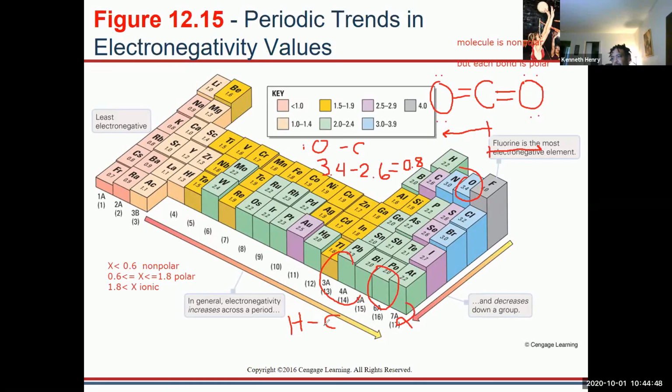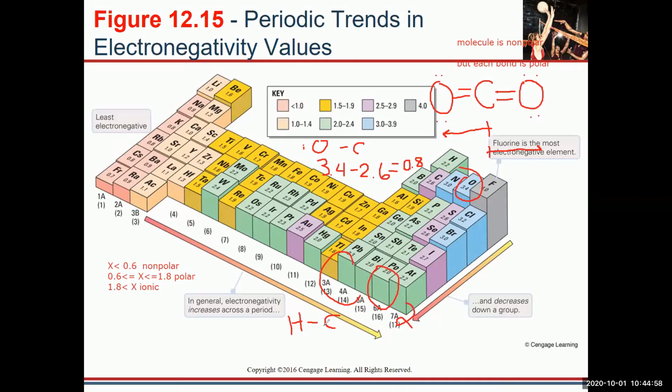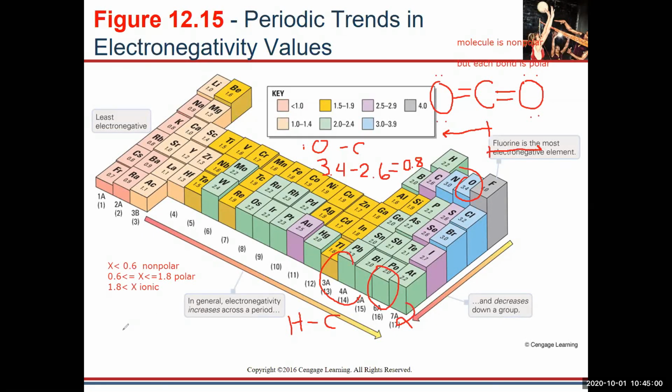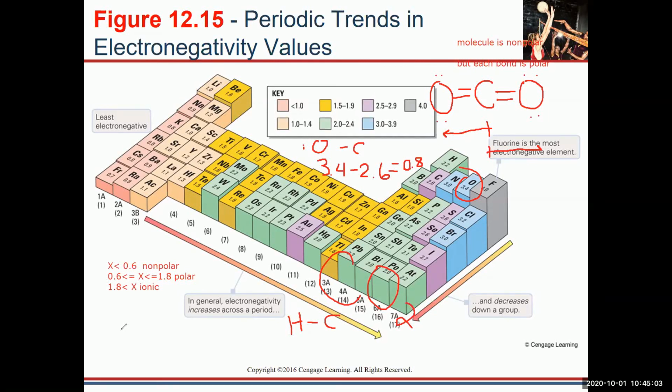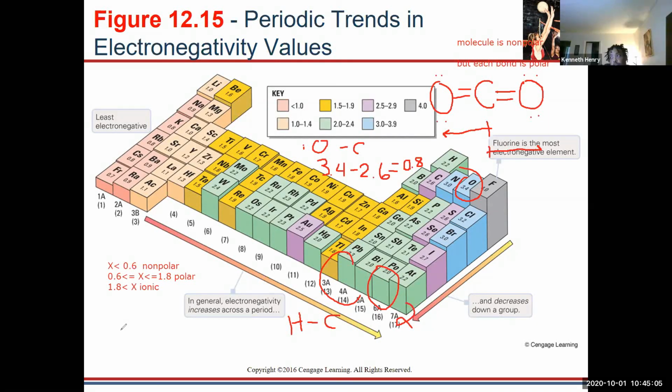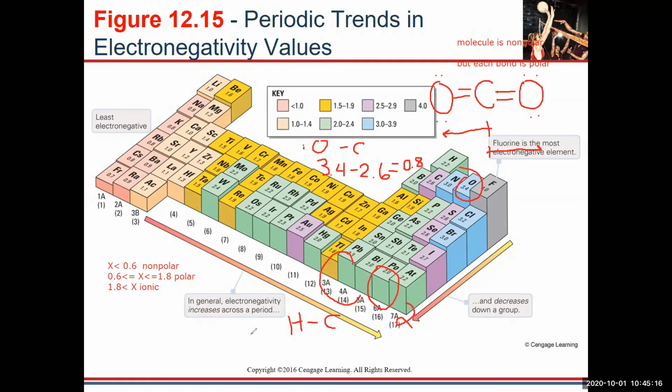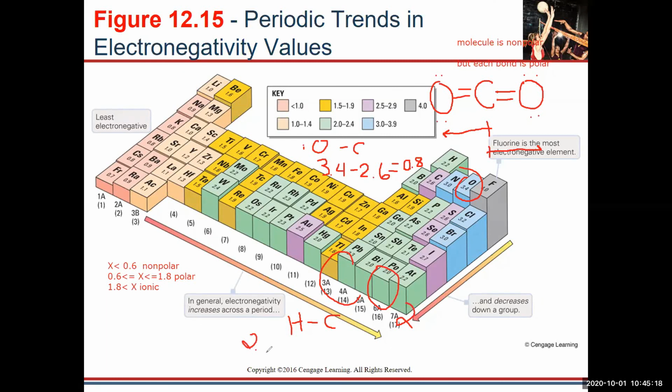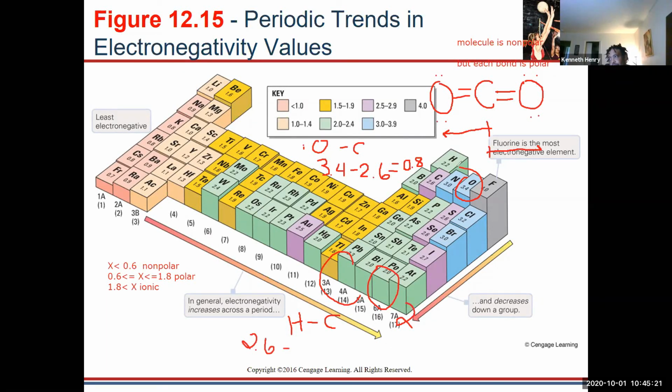So what about hydrogen and carbon? A bond between hydrogen and carbon. Is that going to be polar or nonpolar or ionic? Ionic. Okay. Do you want to do that math for me? I want you to tell me. So what is the value for carbon? 2.6. And then we subtract the other one, the lower number, which is 2.2.